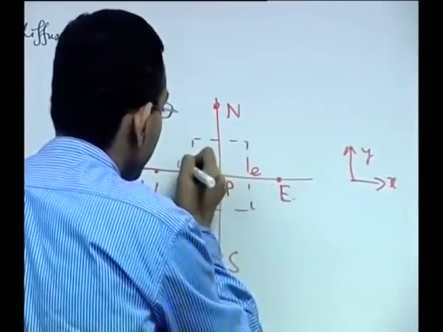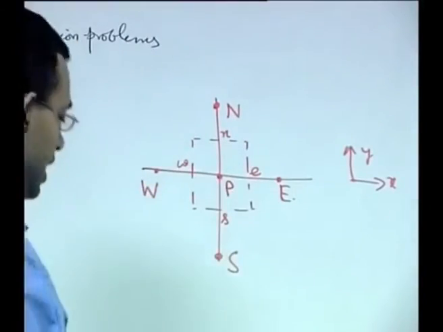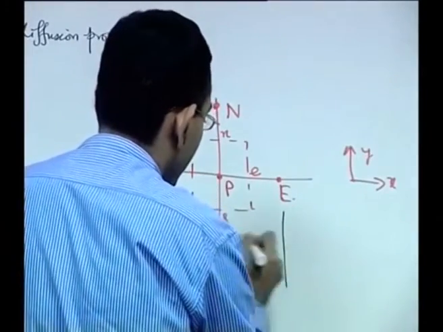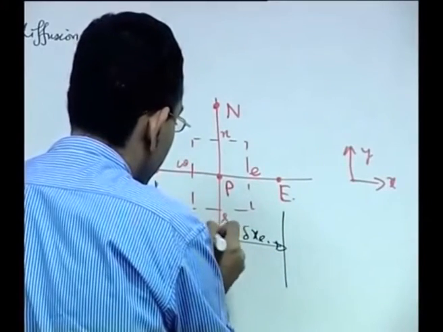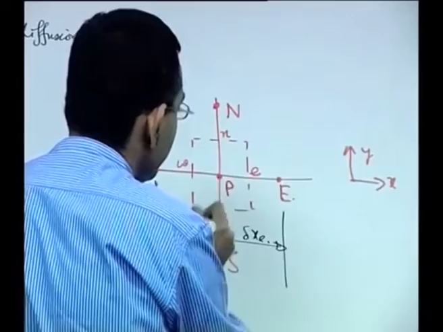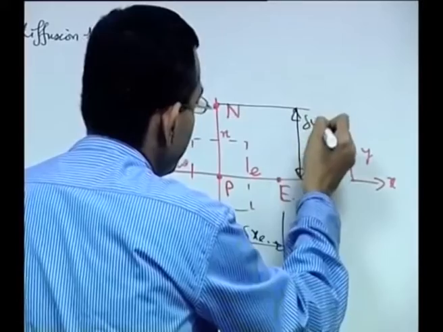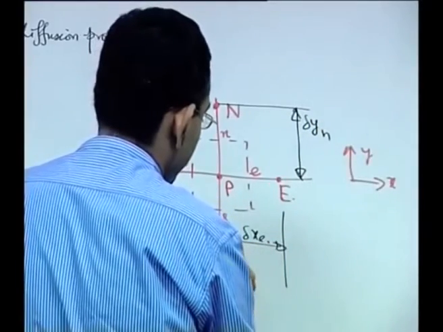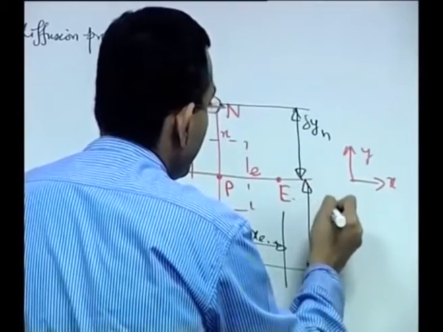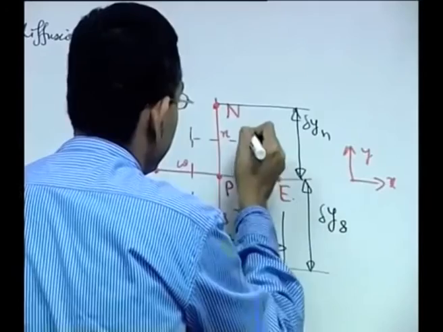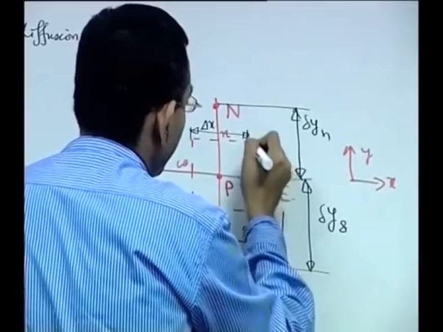So, small e, small w, small n and small s, and various dimensions are given as follows: delta x e, delta x w, delta y n, then delta y s, delta x and then delta y.